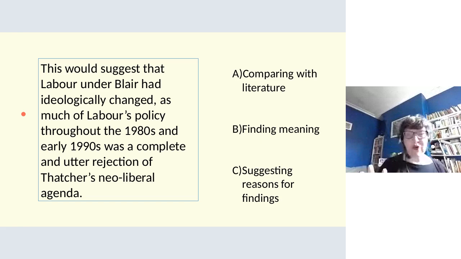You don't need to worry about what it's saying, but what do you think the student is doing? Do you think they are A, comparing with literature, B, finding meaning, or C, suggesting reasons for their findings?